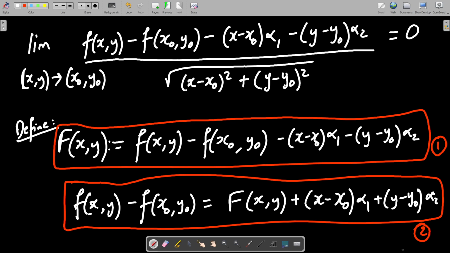So now we'll define the functions. One more thing I need to tell you is this notation.